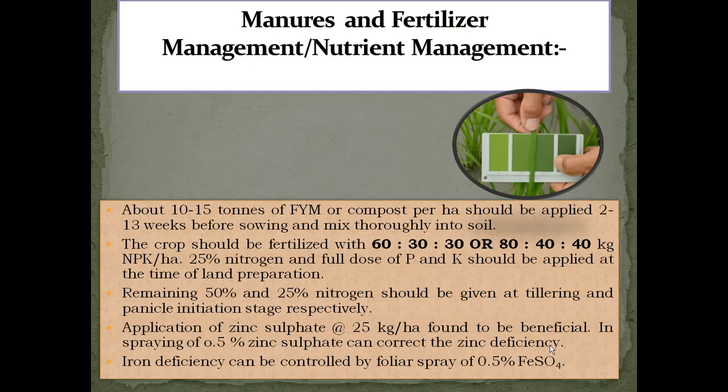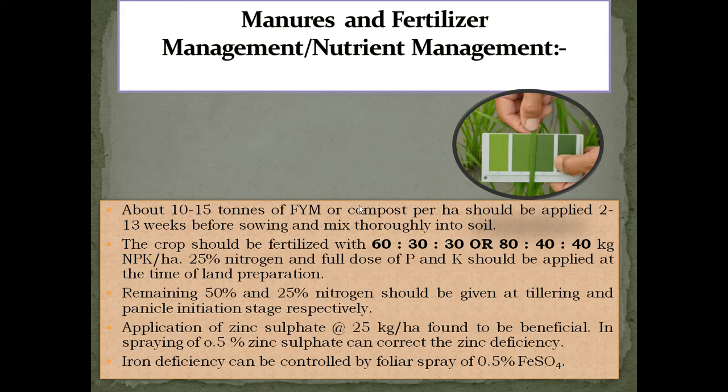Next point is manures and fertilizer management, or the nutrient management, for the upland or direct seeded rice. About 10 to 15 tons of FYM or compost per hectare should be applied, that is 2 to 3 weeks before sowing, and mixed thoroughly into the soil.